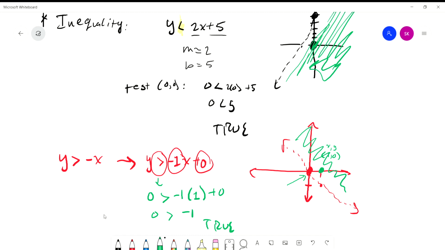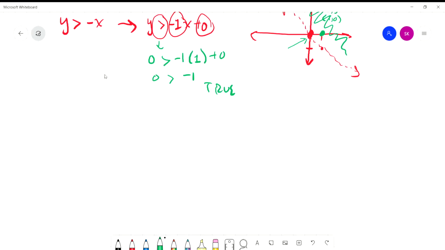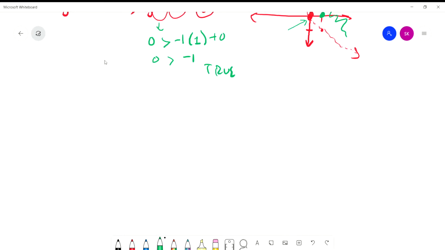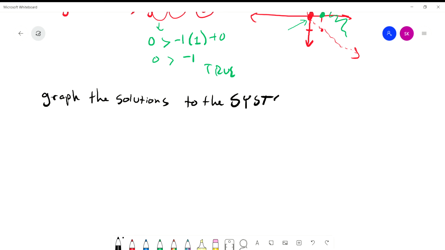But if I want to graph the solutions to a system of inequalities, then I just have a system that consists of two inequalities.